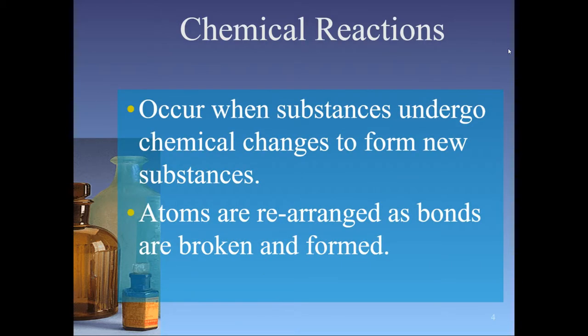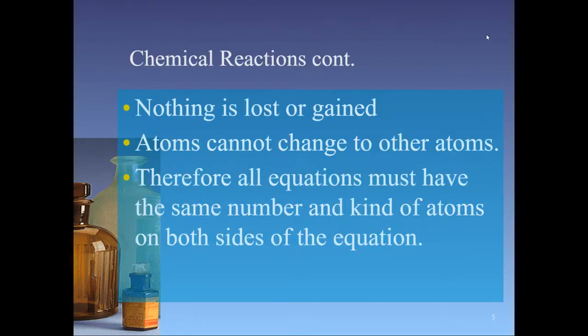All right, so chemical reactions. These are going to occur when a substance undergoes a chemical change to form a new substance. In a chemical reaction, atoms are going to be rearranged as bonds are broken and new ones are formed. So in a chemical reaction, nothing's going to be lost or gained. Right? So that means the amount of matter you start with in the reactants is going to be the same amount of matter that you end with in the products.